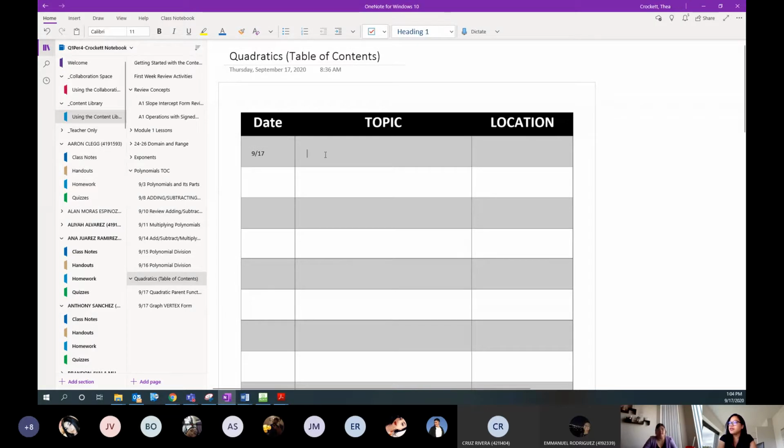And then we're going to start with quadratics, parent function. And these are just going to be class notes. So as soon as we completed this, then we could go to the second one, which is same date.